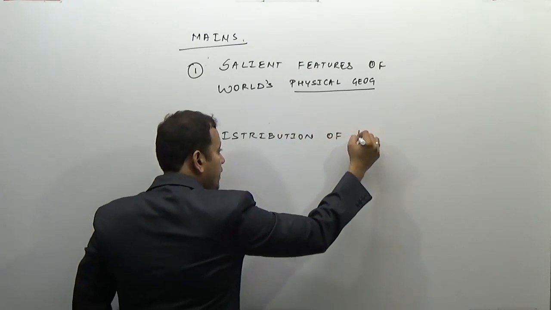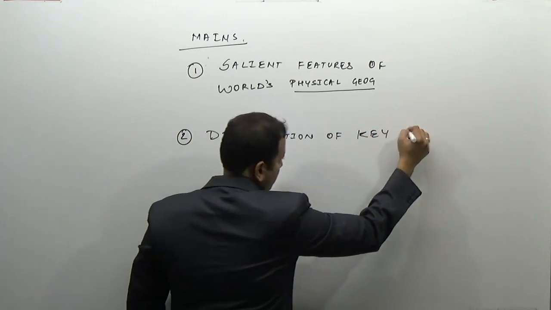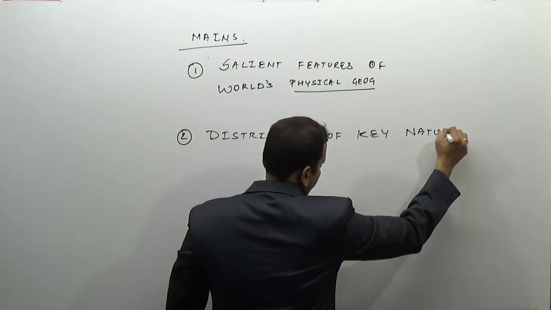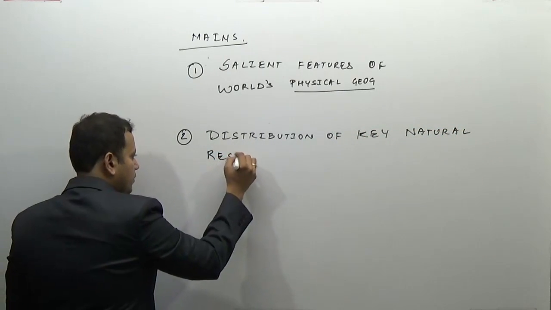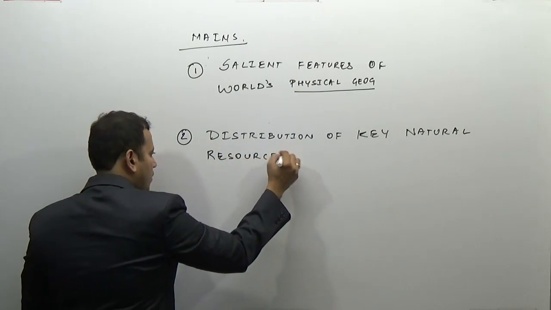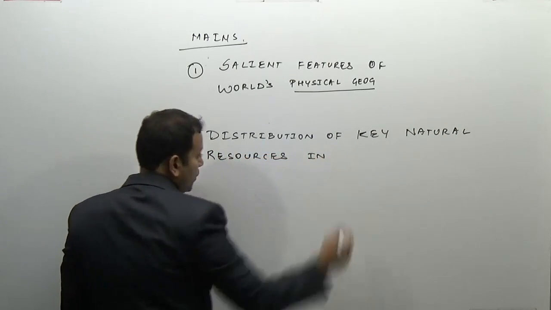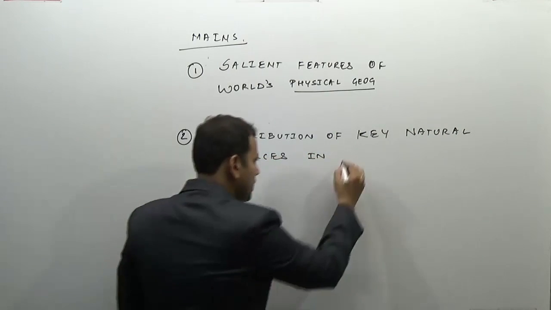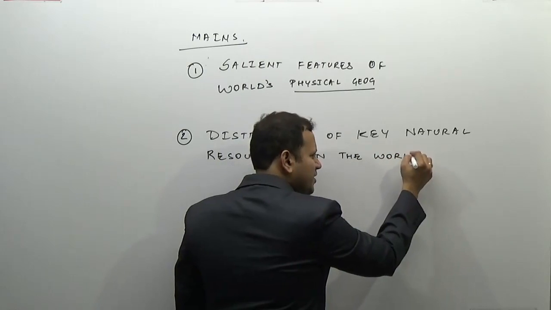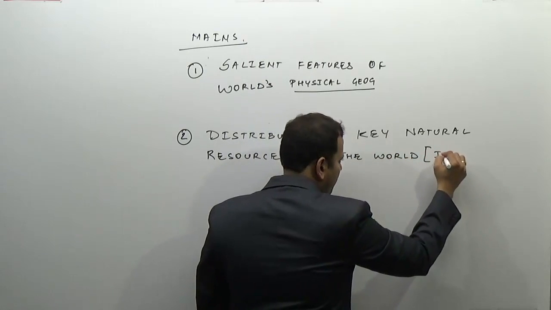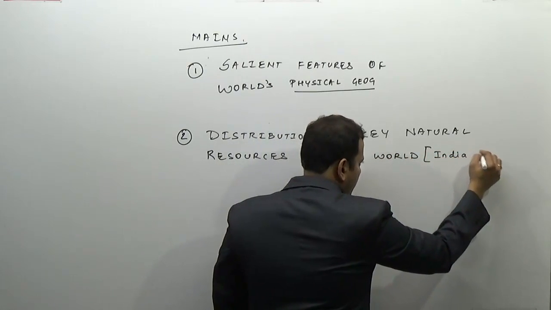Of key natural resources in the world or across the world. And here it is mentioned in the bracket including India and South Asia.